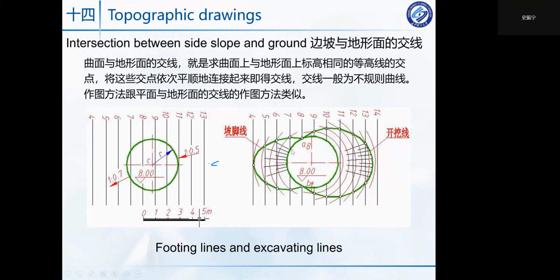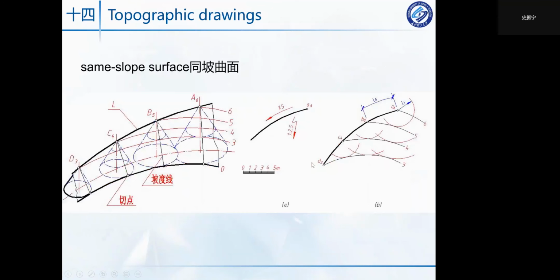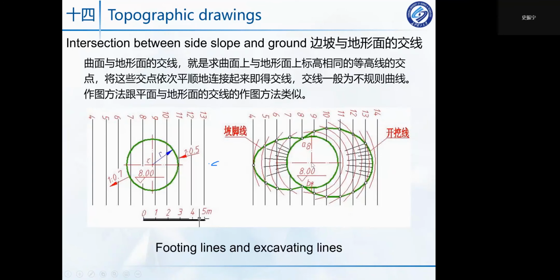If we want to find the cross line between the plane and the curved surface, at first we use this center and draw many circles, with the interval of 1 to 0.7.